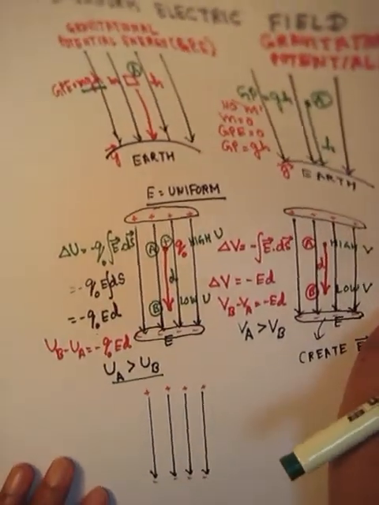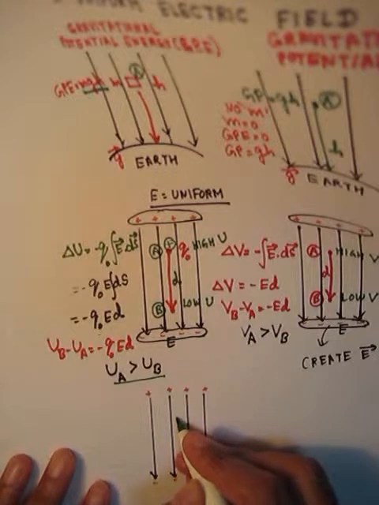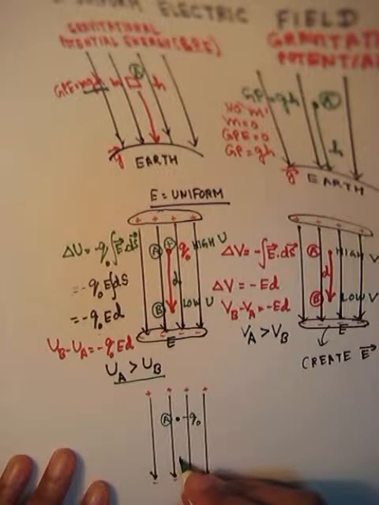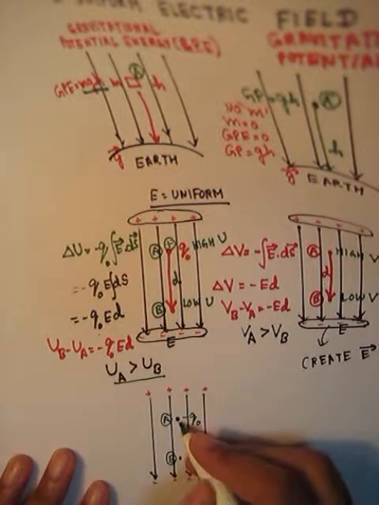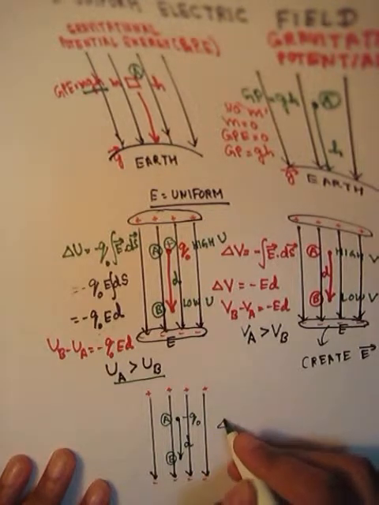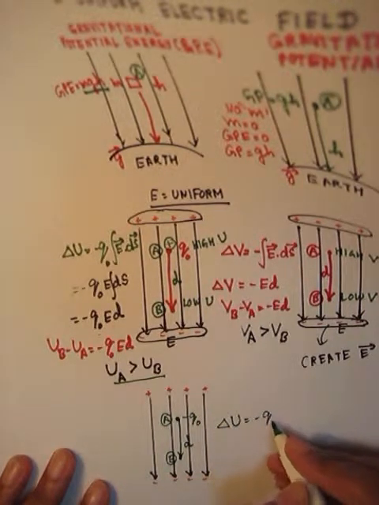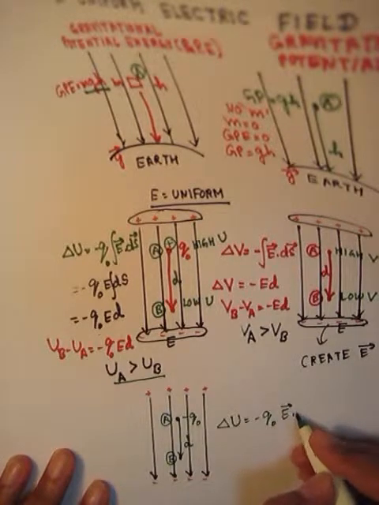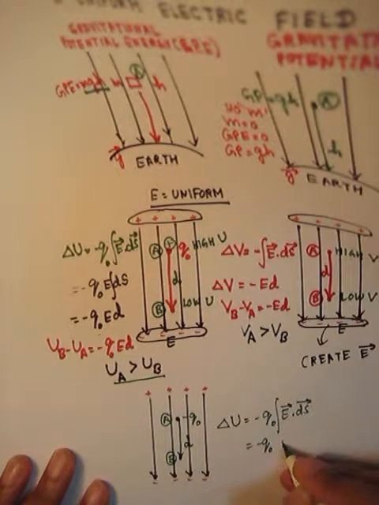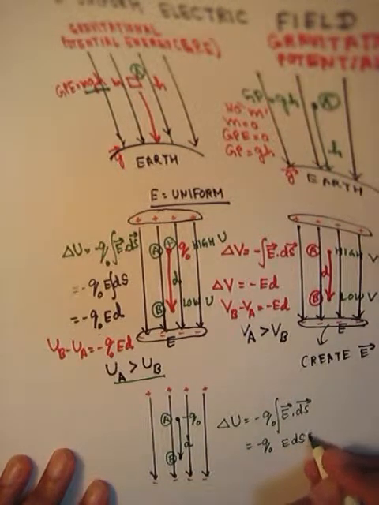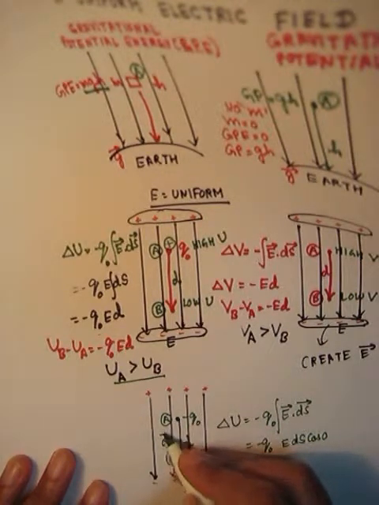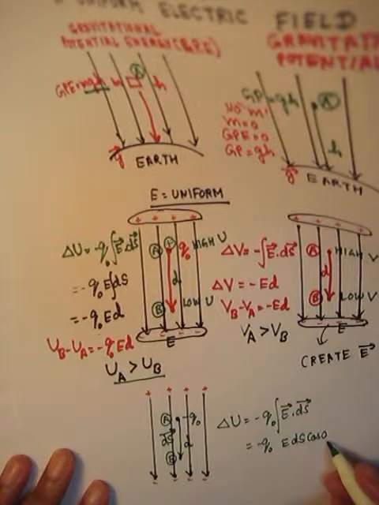Now let us see what happens if the charge is negative. Say minus q0 moves from point A to point B, and this distance is d. The change in potential energy will be minus q0 E vector dot ds vector. The electric field and displacement vector are in the same direction, therefore the angle is 0.